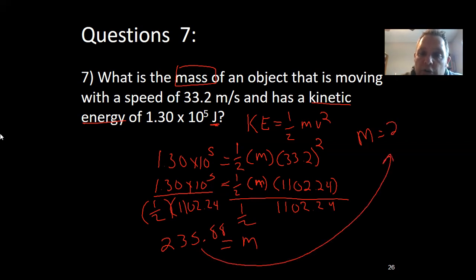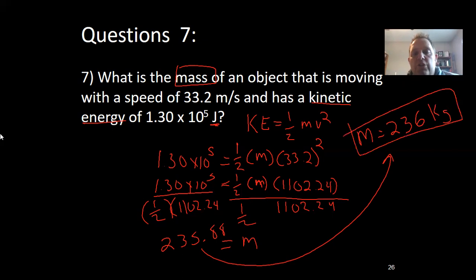We'd use the 2, we'd use the 3, and the 5 we need to round. And let's put our units on there. What's our units for mass? Yep, nice job. Kilograms. So there's a question where we use the kinetic energy to actually find the mass of an object.